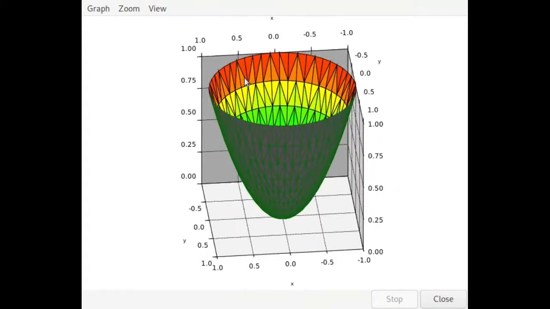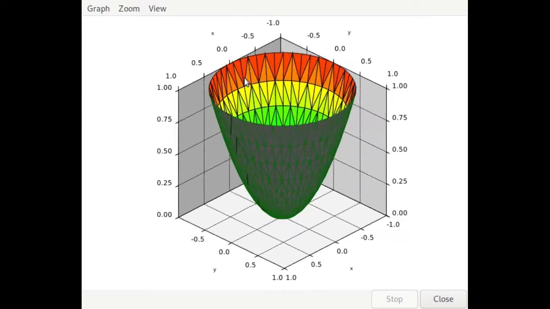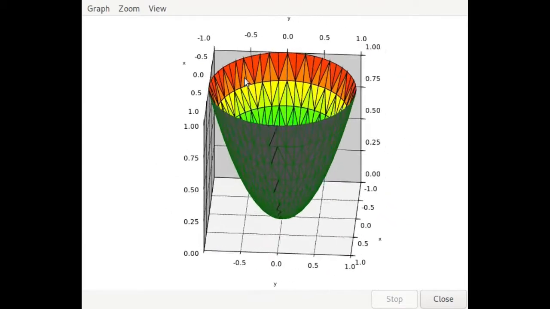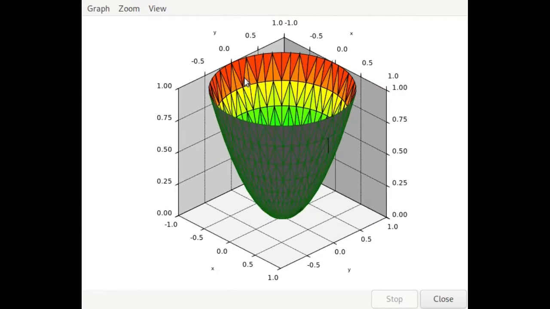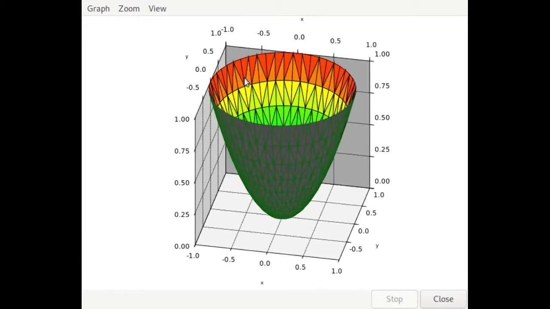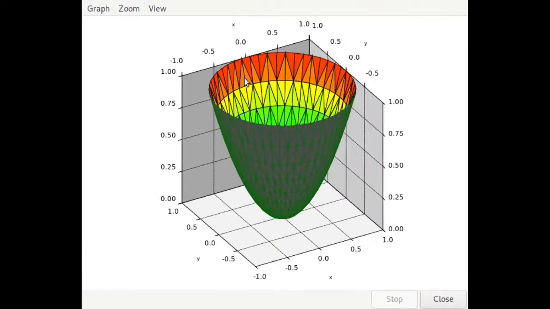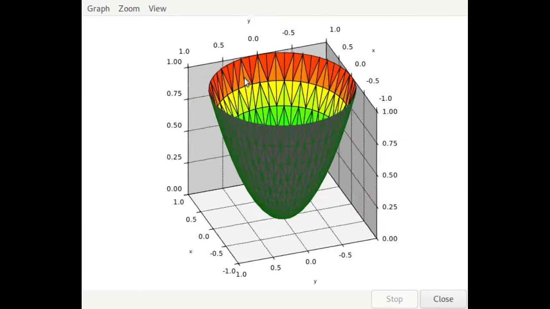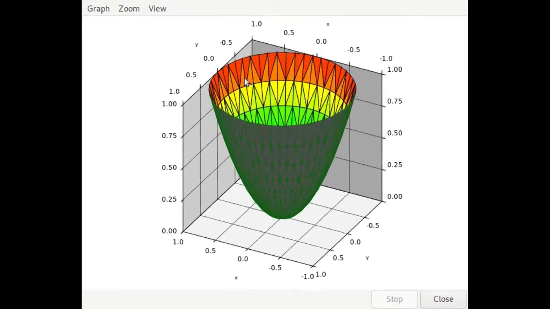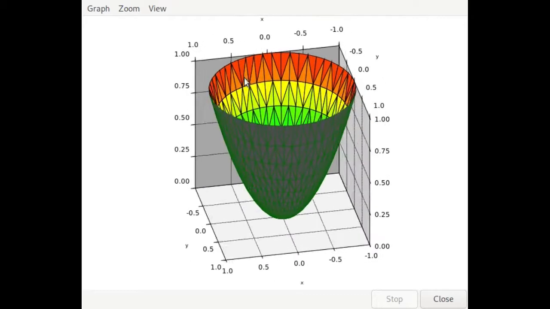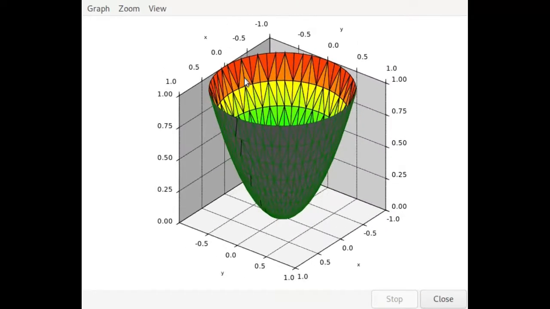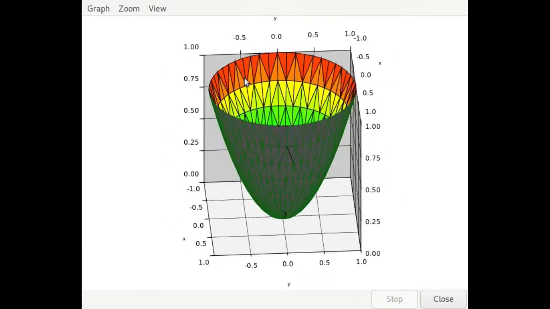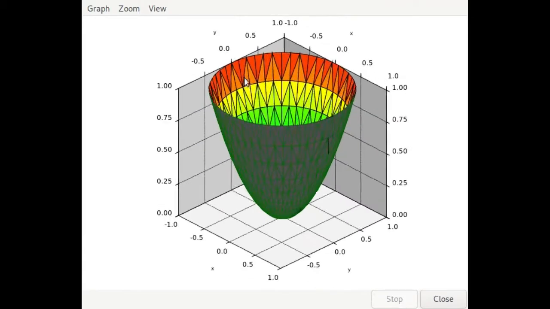So that's basically the way we figure out minima and maxima of functions in several variables. Basically, you generally have some sort of region. If it's a closed and bounded region, you look at what the boundary is.